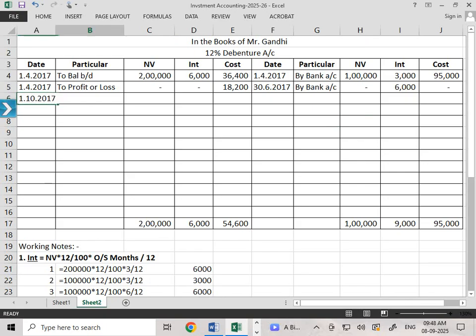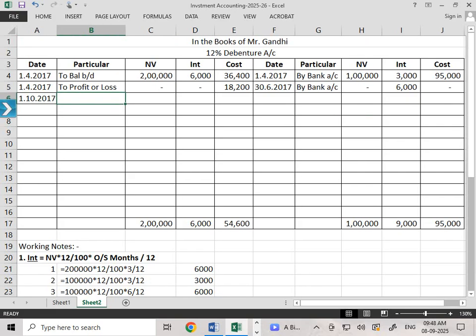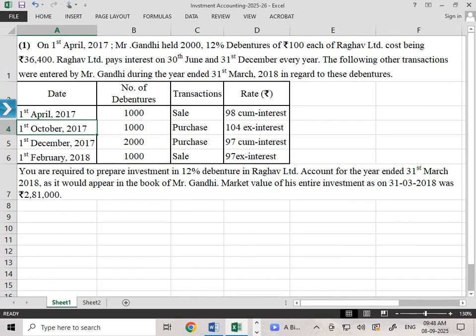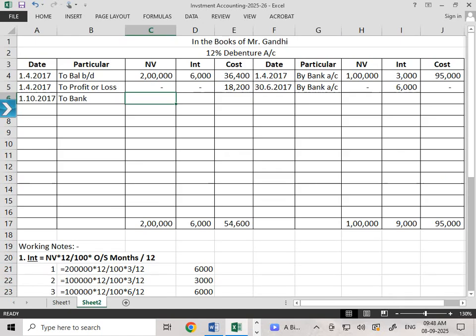Write down to bank. What is the nominal value? How many debentures purchased? 1000 debentures purchased. So here 1000 multiplied by 100. So what is the nominal value? 1 lakh.